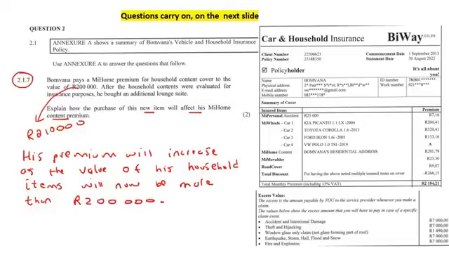Because remember, guys, the people at the insurance company said we will give you 200,000 Rand if the items in your house get stolen, but you have to pay us 201 Rand every month. But now his household items are more than 200,000 Rand. So if everything in his house gets stolen, then the insurance company maybe has to give him 210,000 Rand. Because of that, he's going to have to pay them a little bit more every month. Maybe this is now going to become 215 Rand, for example, every single month. Okay, hope that makes sense. So there we go. That's how you would answer that question.